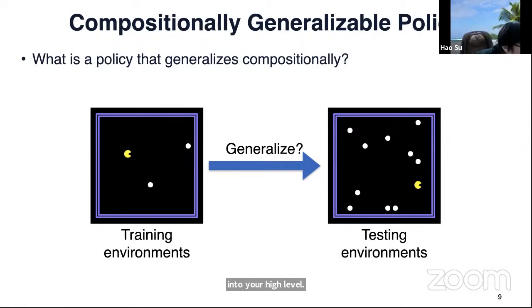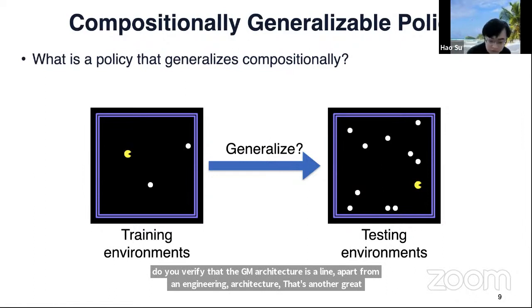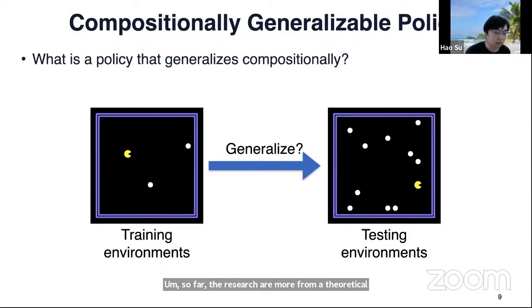How do you verify that the GNN architecture is aligned, apart from hand engineering the architecture? That's another great question. So far, the research is more from a theoretical insight perspective. We are pointing out the importance of the alignment between the architecture and the desired underlying algorithm.